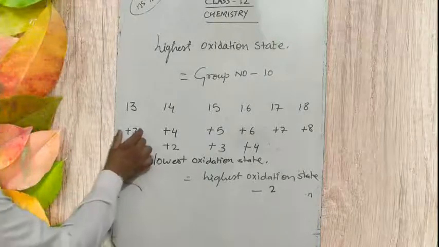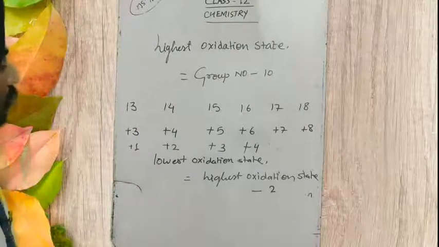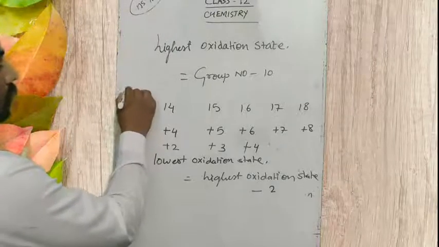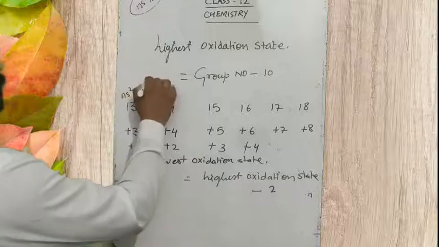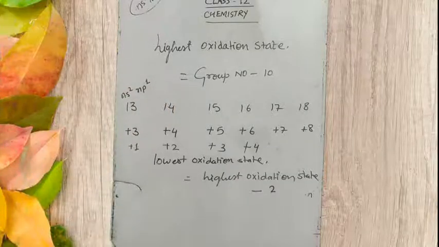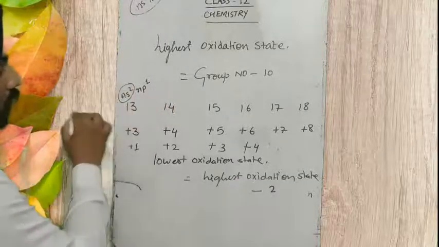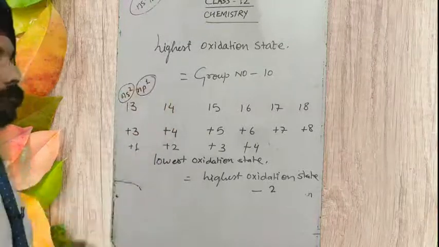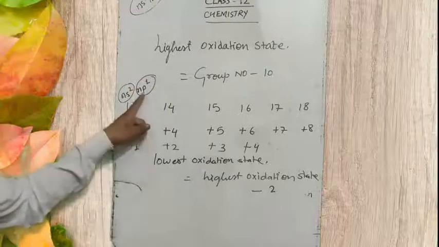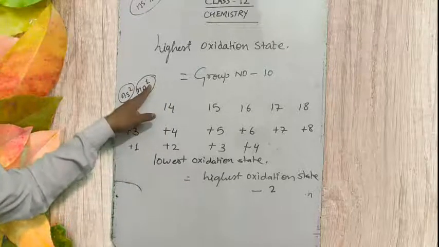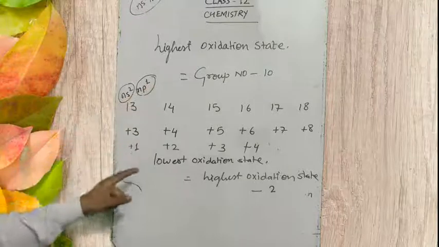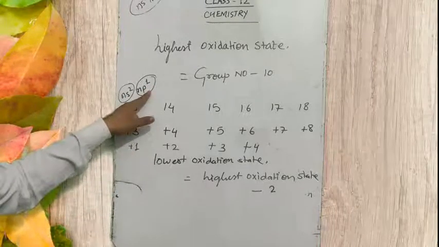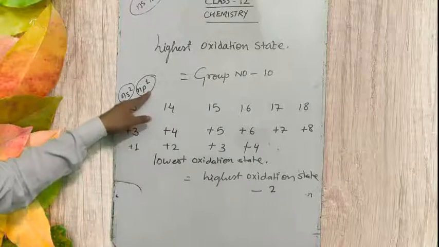So if we write the electronic configuration of the 13th group, it is ns2 np1. If the ns electrons are not going to participate in bonding, then there will be only the p orbital. The p orbital has only one unpaired electron, so the lower oxidation state we will see from the electron present in the p subshell.